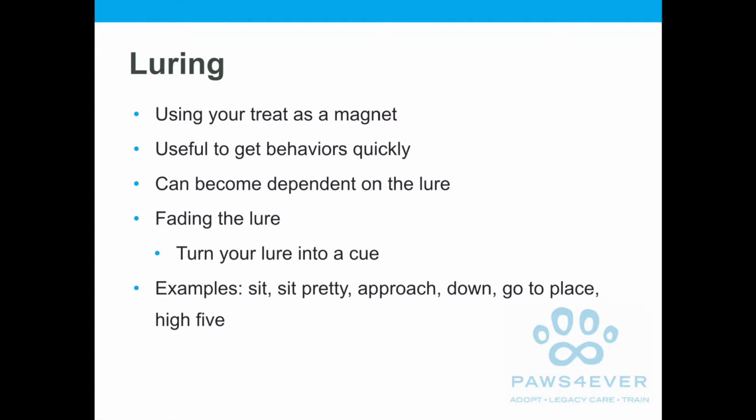After a number of repetitions, try saying down and then just wait. If the cat has figured out the pattern, then after a pause to think, they will go ahead and lay down without the lure, at which point reward them and be proud of both them and you because you have successfully faded the lure. From then on, simply use your cue down to ask for the down behavior.